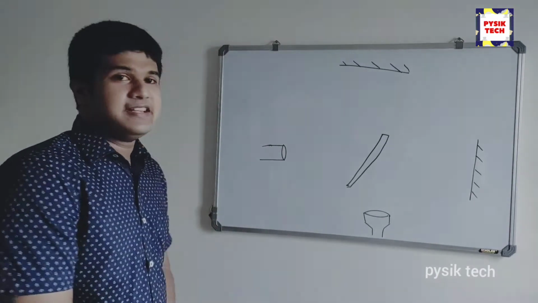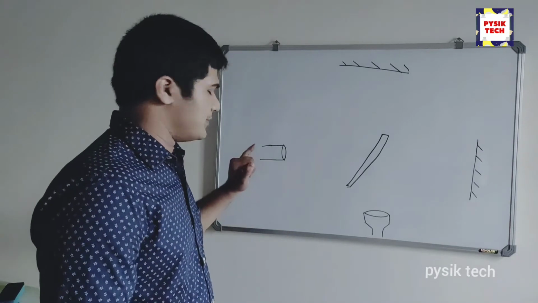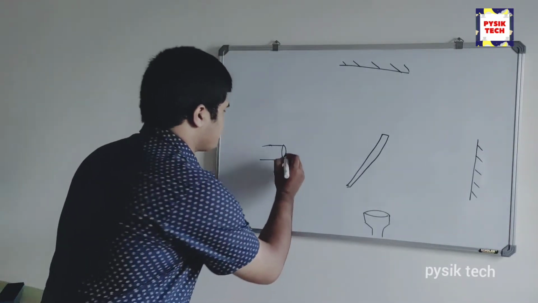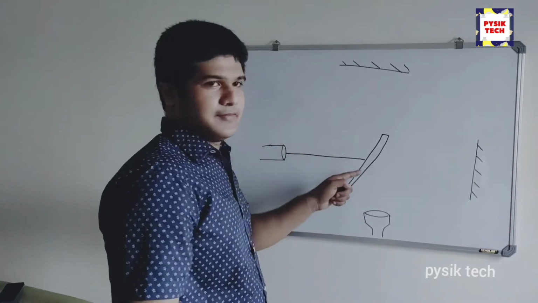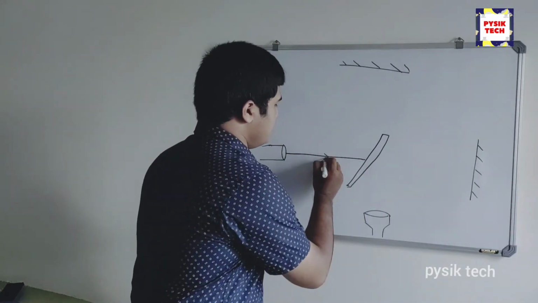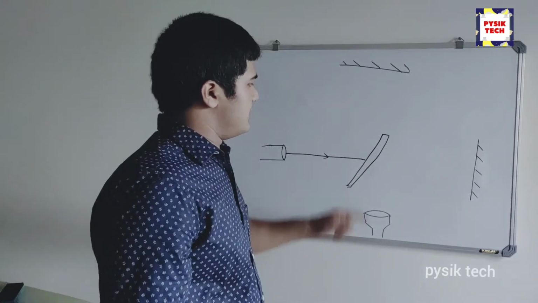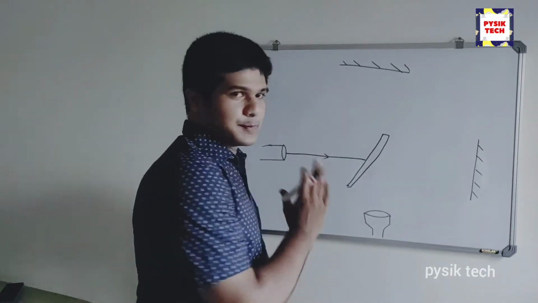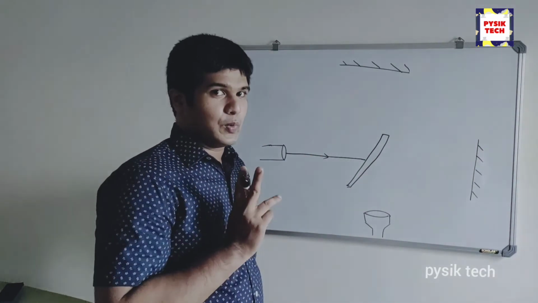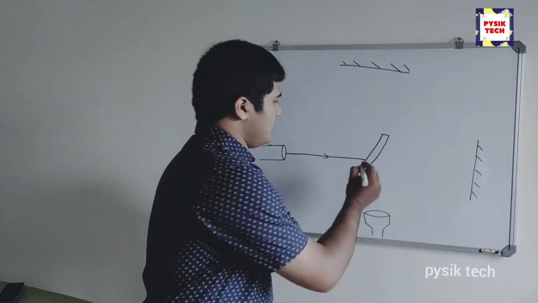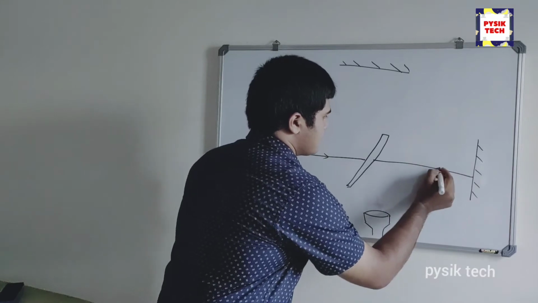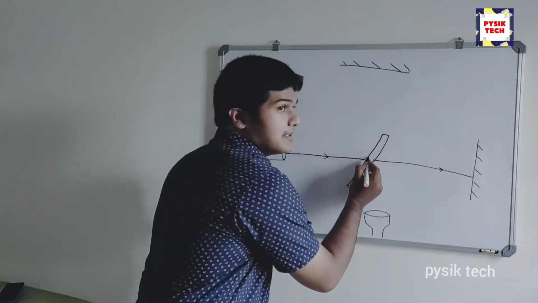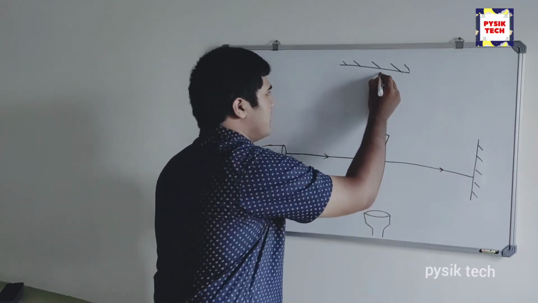Then we can transmit the light wave from the source. When the light wave reaches the beam splitter, it splits into two. One wave will transmit like this and another one moves like this.